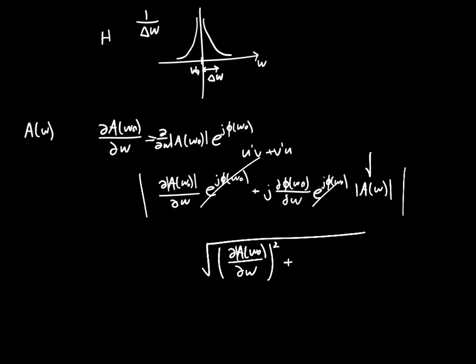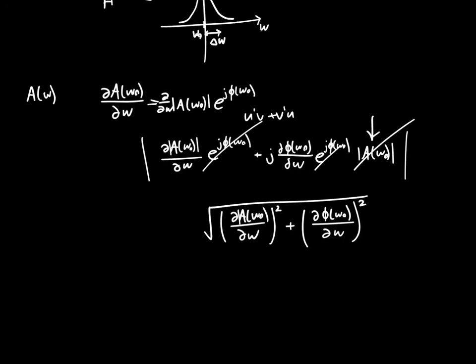And remember that A at omega naught is just minus 1. So the magnitude of this is 1, and we can cancel it out, just like the magnitude of e to the j phi anything is 1. So plus the imaginary part, d phi evaluated at omega naught, d omega, squared. And so this is our final result.